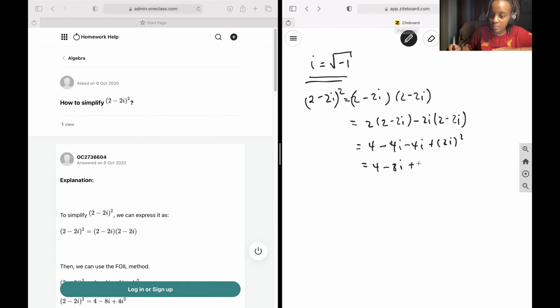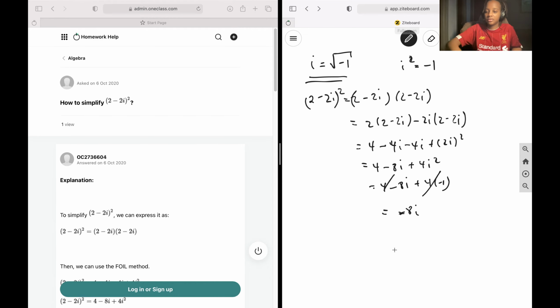And so if i is equal to the square root of negative 1, then i squared is equal to negative 1. And so when we put that in, 4 minus 8i plus 4 times negative 1, and these two cancel, and so our final answer is just negative 8i. So negative 8 multiplied by the square root of negative 1.